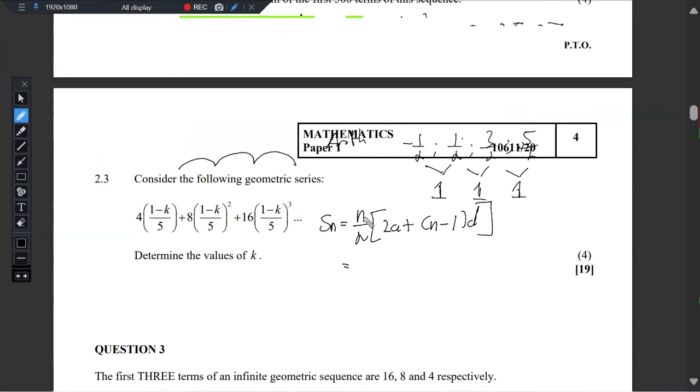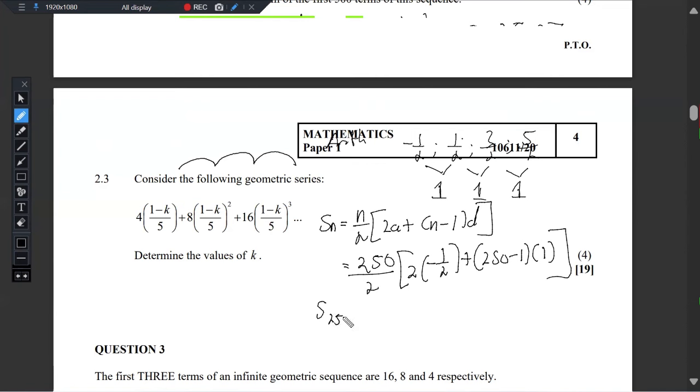But then the n, I'm not going to put 500 there. I'm going to put 250, over 2. Then 2 times my a value, which is -0.5, and then plus my n again, 250 minus 1, and then d is 1, right? Then you simply grab your calculator and punch this in.